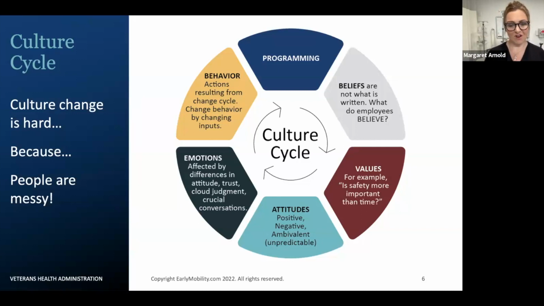We can strategize and we can understand those attitudes, we can recognize them. But the ambivalent or unpredictable attitude, the flat affect, where we really don't know what somebody's thinking, we don't know whether they are on board, we don't know whether they're secretly just thinking about what they're going to have for dinner tonight or what they're going to do this weekend, that's a little harder for us to manage.